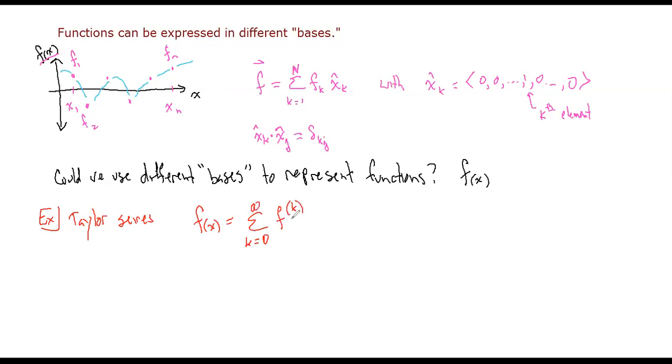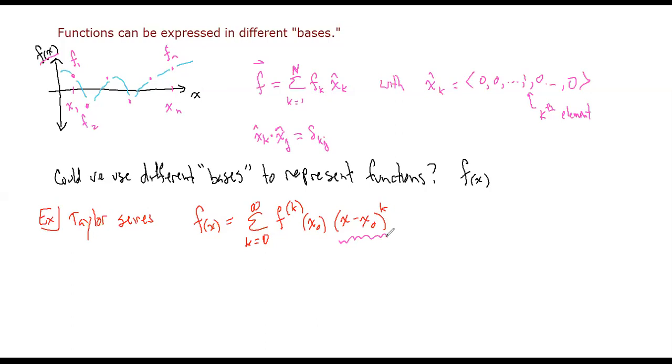So funky notation, the k in brackets means the kth derivative. So we take its value at some point and then we look at how far away we go from that point. So what this is, if you think about expanding this term, that's just like a polynomial. So essentially Taylor series or Maclaurin series are already an example of you doing this.